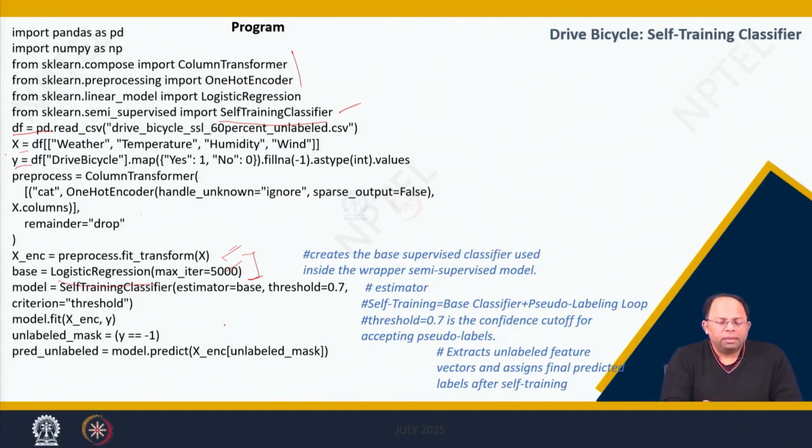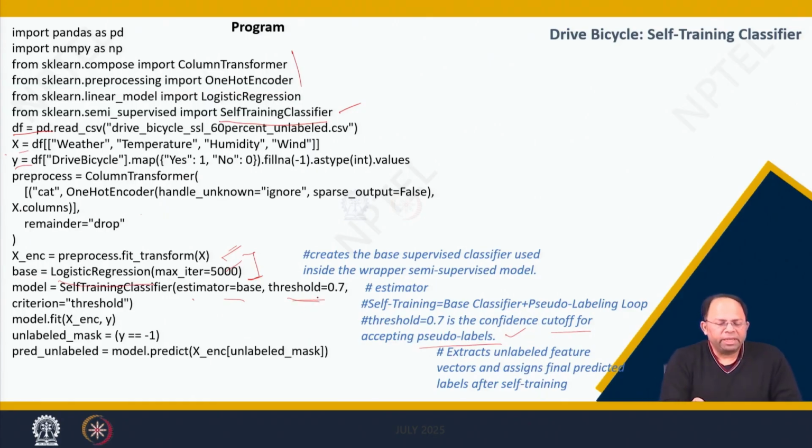So the model, again, we are running with estimator equal to base, which is logistic regression. Threshold is 0.7, which means that for the base classifier plus pseudo labeling, 0.7 is the confidence cutoff for accepting a pseudo label. We already discussed this earlier: we use the confidence level of the data. If it is above 0.7, then only we will accept it, otherwise not, right?